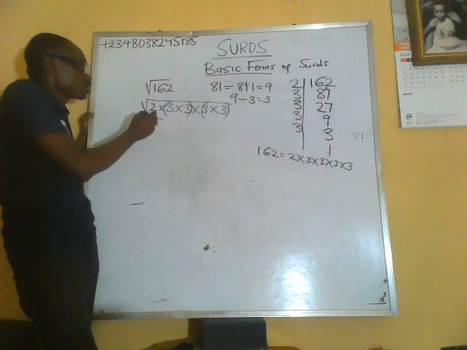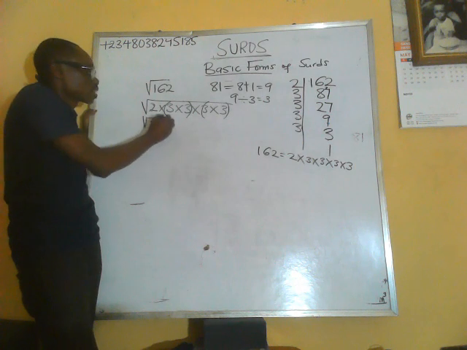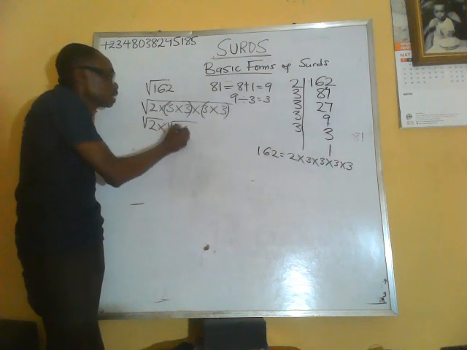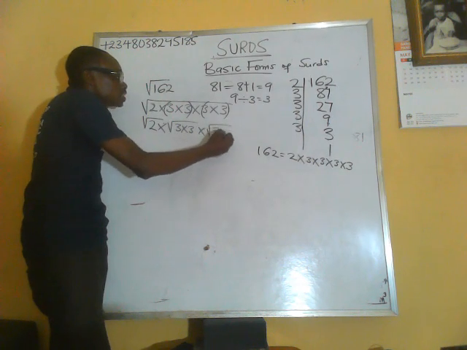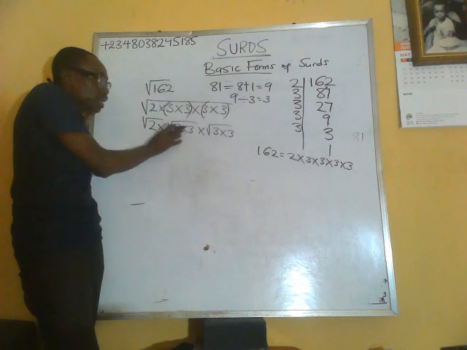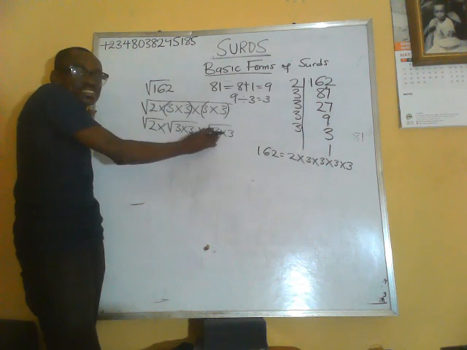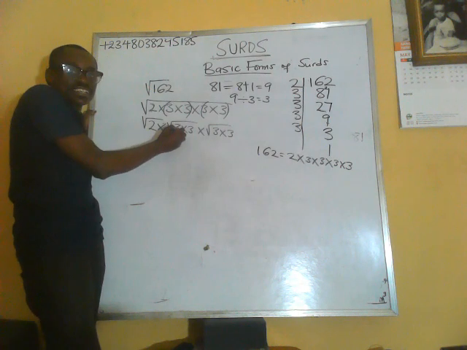So we're going to have 2 times root 3 times 3 times root 3 times 3. We separate this pair.